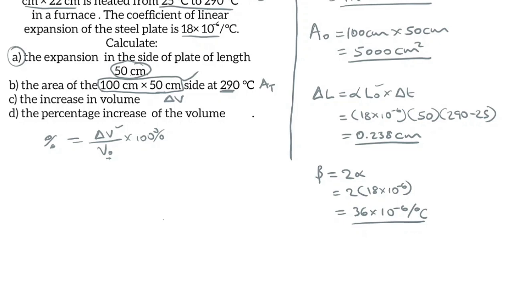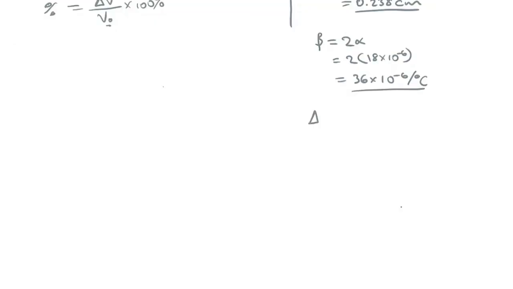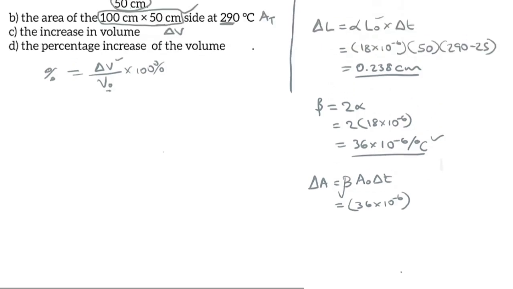Now we've got the coefficient of area expansion. Now calculate the change in area. The change in area is the coefficient of area expansion times the initial area times the change in temperature. The coefficient of area expansion is 36 times 10 to exponent negative 6. Then the initial area, we've calculated it here.